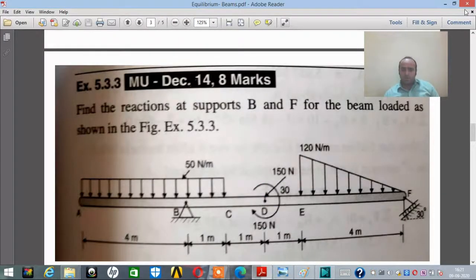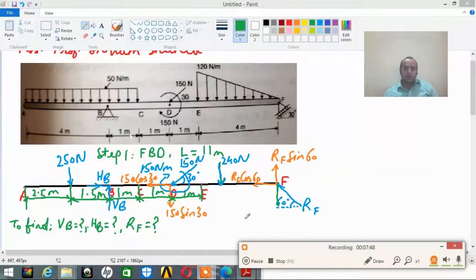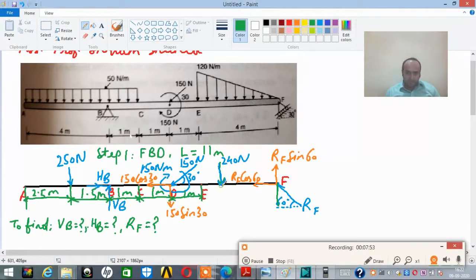So it is at a distance of 1.3 from this particular end. Let me just simply mark it.